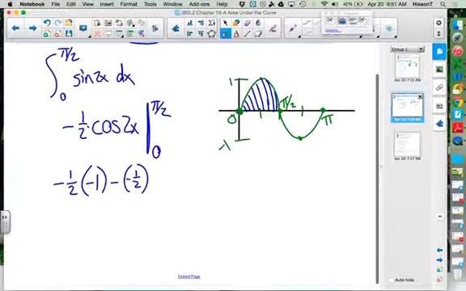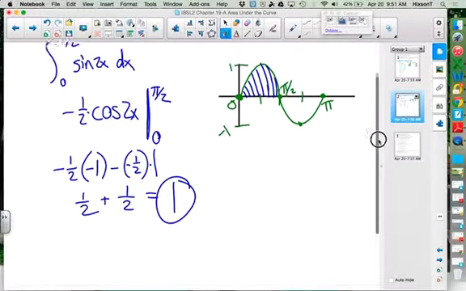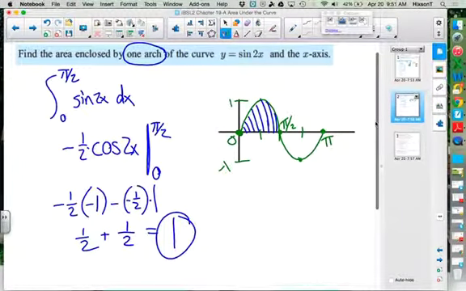What's the cosine of 0? 1. So this is a positive 1/2 plus 1/2. So the area under one arch equals 1.